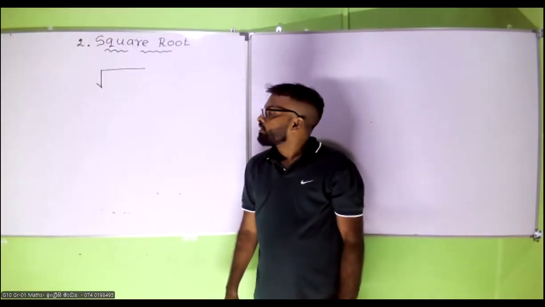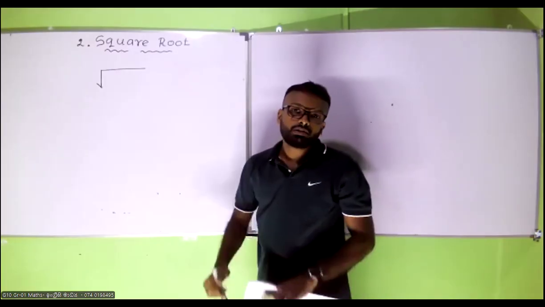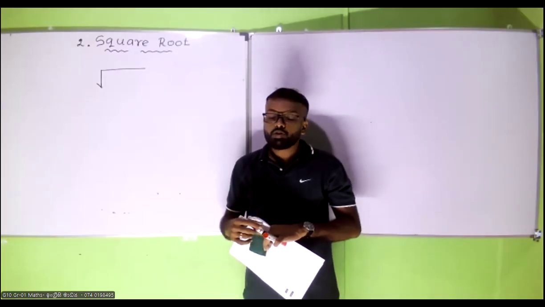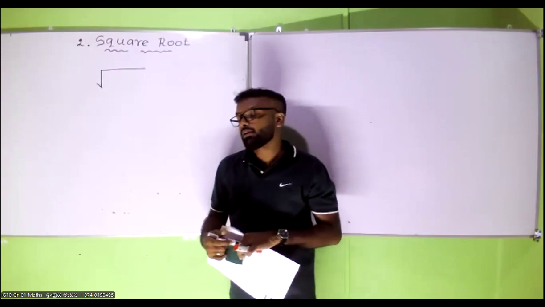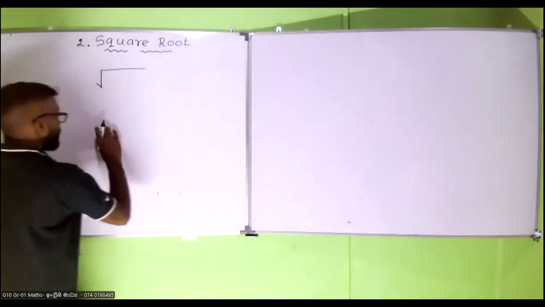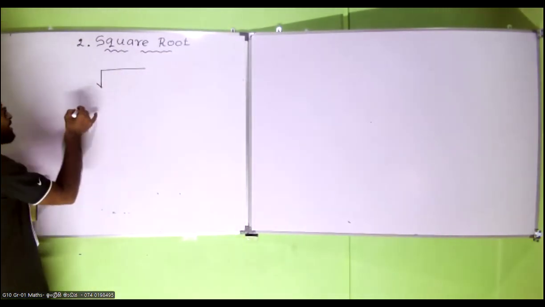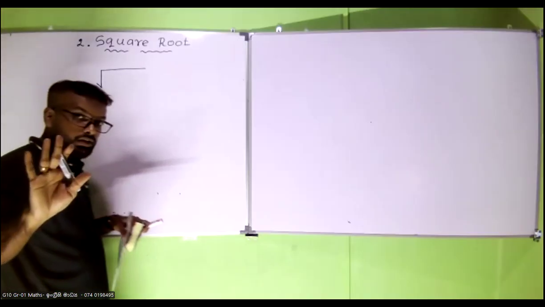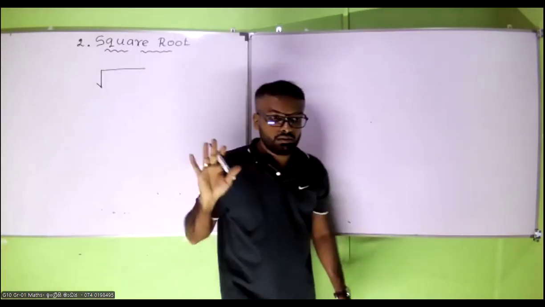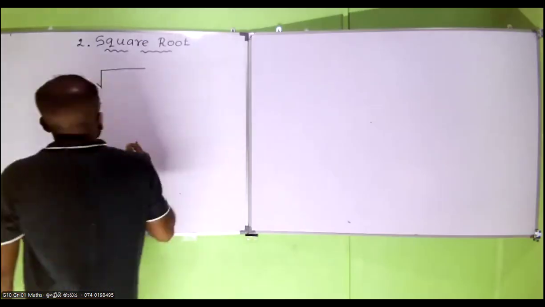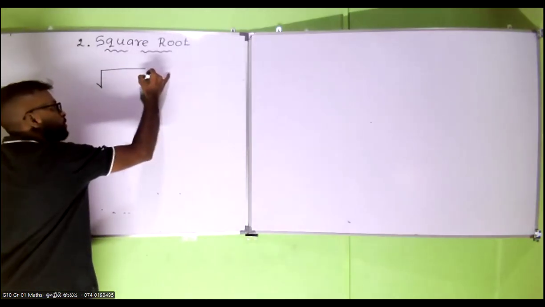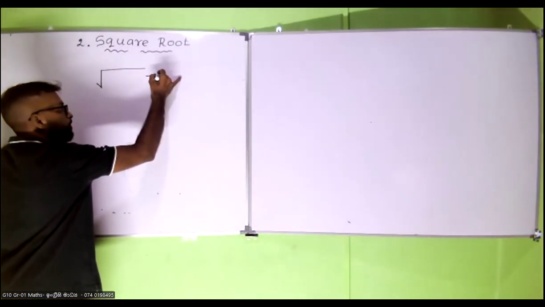Right. And when it comes to numbers, if we want to say square root of 100, I will take square root of 100. Right? Don't write, I will give you the time to write down. Please look at the whole. So this is how we are going to denote.